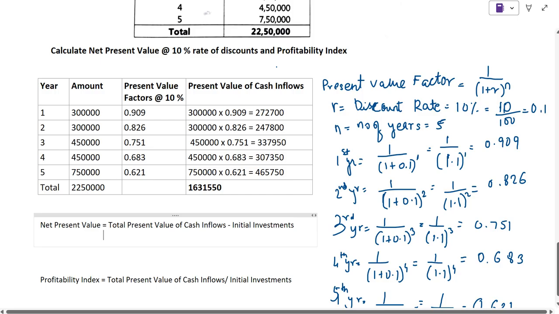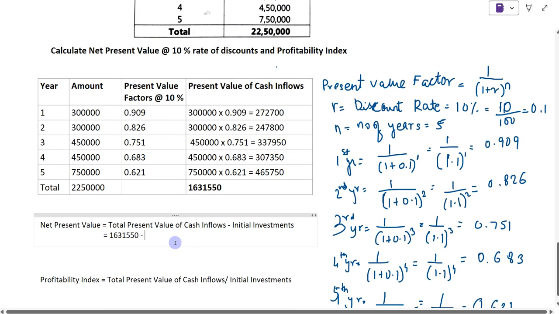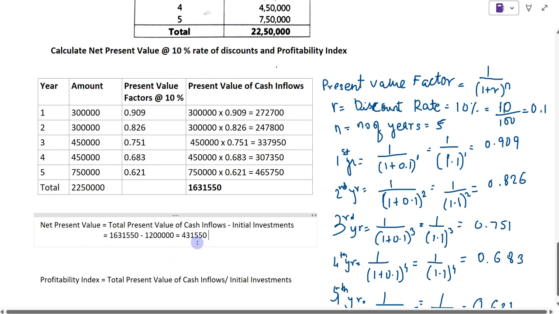So the total present value of cash inflow is 16 lakhs 31,550, minus the initial investment in the project, that is 12 lakhs. So we get 4,31,550.